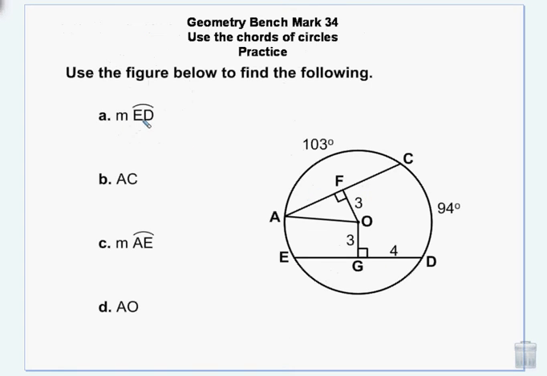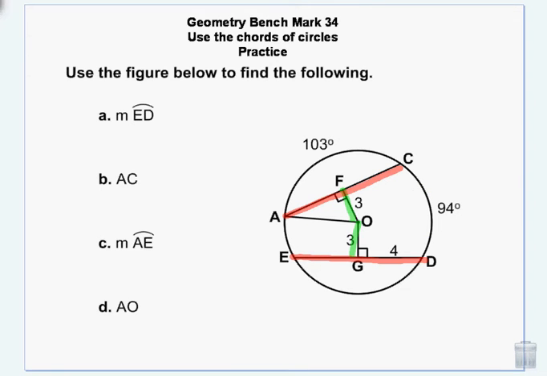Let's practice. Okay, ED. That's this arc right here. Well, what I know, because these distances are both 3, right? Because these are equal here, that tells me that these lengths are also equal. Because that's the theorem we just had. If they're the same distance from the center, then they're equal length.